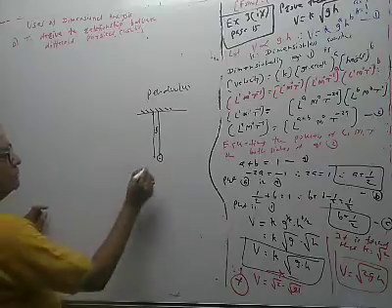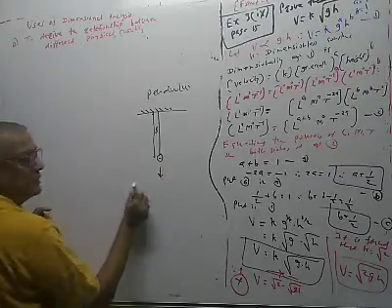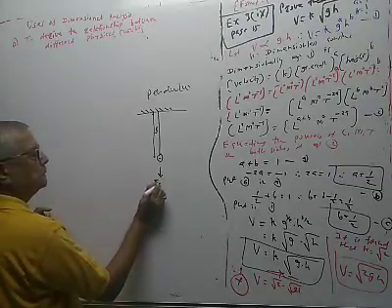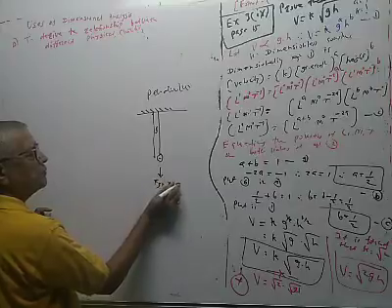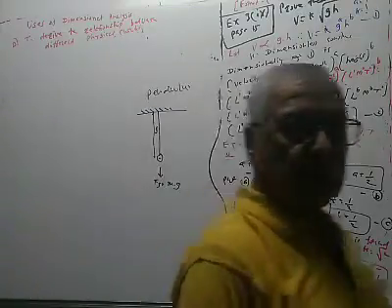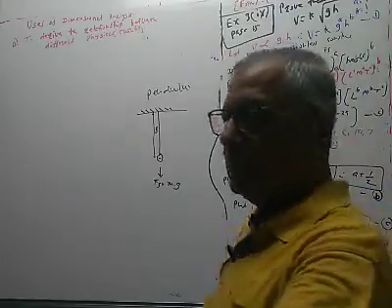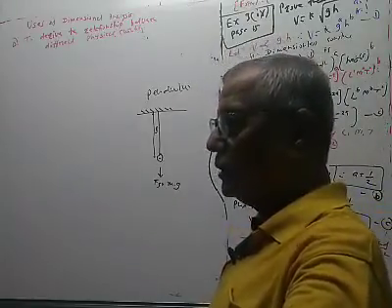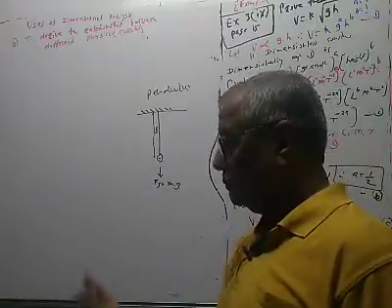Now on this pendulum, the gravitational force is acting in this direction, Fg. Fg is equal to mass of the pendulum multiplied by gravitational acceleration. So this is the initial position of the pendulum.